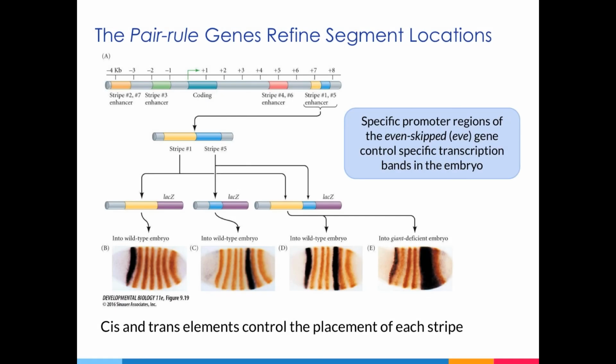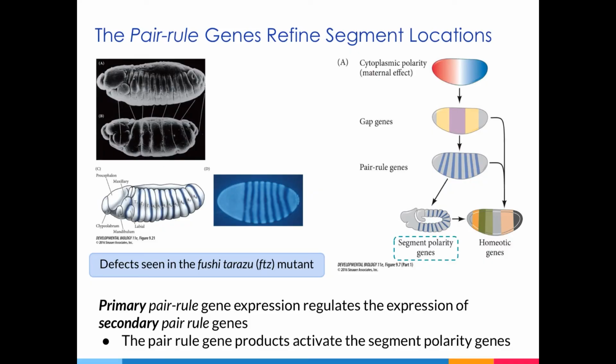So to summarize, what controls the expression of the pair rule genes are the cis-acting elements, which are the regulatory regions in the DNA, and the trans-acting elements, which are the transcription factors, the products of the gap genes and the maternal effect genes. But there are some pair rule genes that are not regulated by gap and maternal effect genes, but instead they depend on the expression of other pair rule genes.